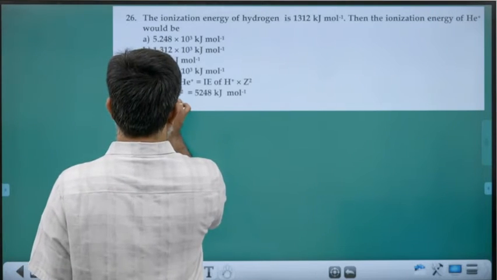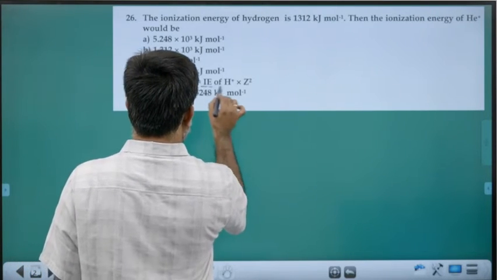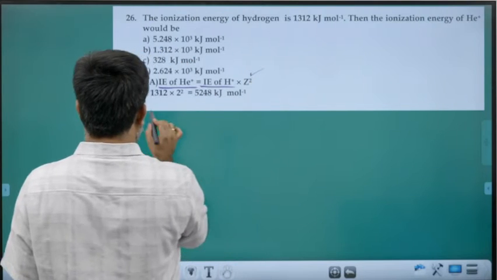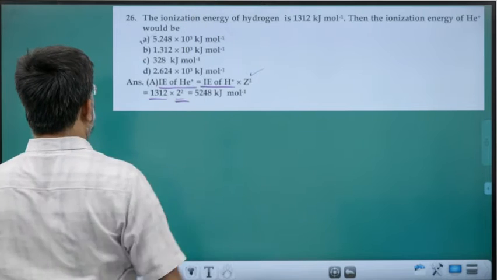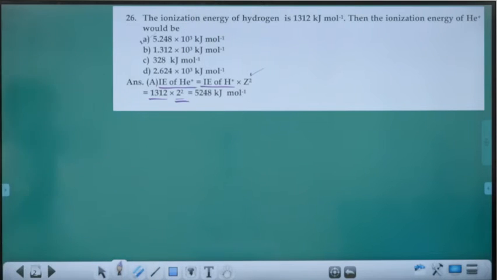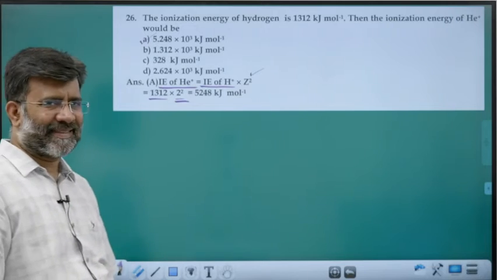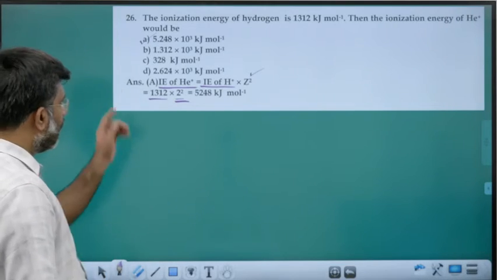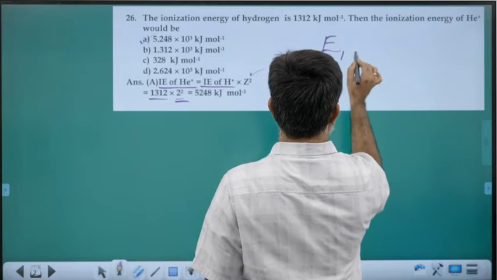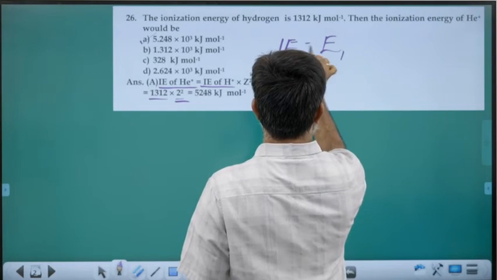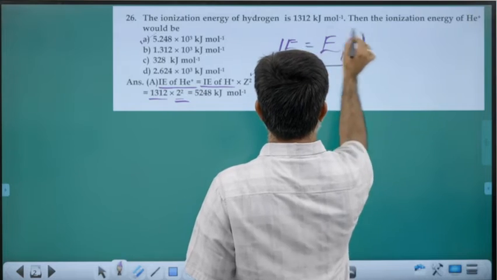So 1312 into 4, you get your answer. See, ionization energy is nothing but E1. Ionization energy of hydrogen is equal to E1.